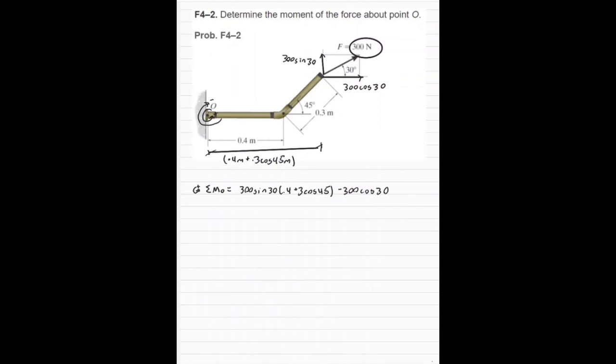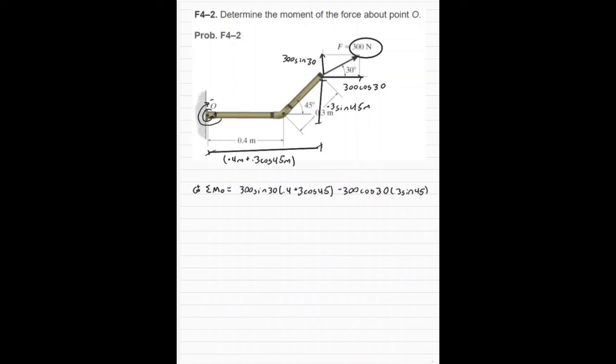And then finally, we just need this distance right here, and that is going to be 0.3 times the sine of 45 meters. That is the distance perpendicular to that part. So just multiply that on, 0.3 sine of 45.